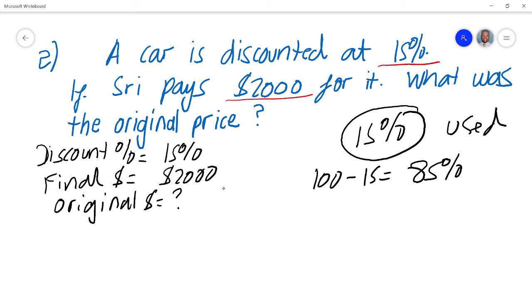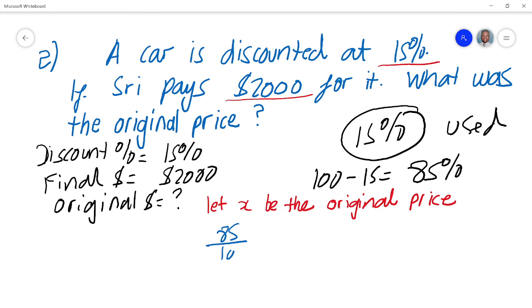Let x be the original price. And so what you now need to do is you're going to go 0.85 because that is 85 over 100. So technically you're going to be working out like this. 85 over 100 times x will be equal to $2,000.